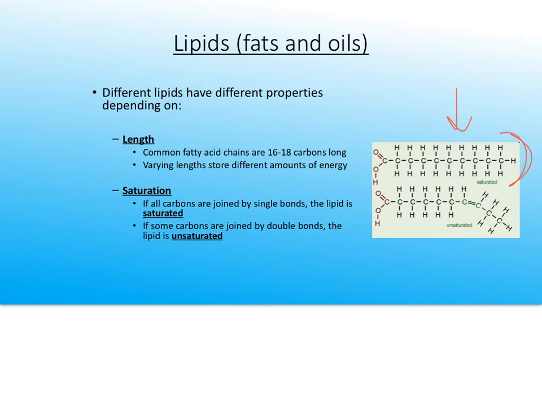If any of the carbons are attached by a double bond, and therefore not as saturated with hydrogen, we would say that is an unsaturated fat. Now, saturated fats can stack up nicely one after the other because they are these straight chains. Unsaturated fats, as you see here, sort of have a kink to them, so they are not as likely to stack together as well.